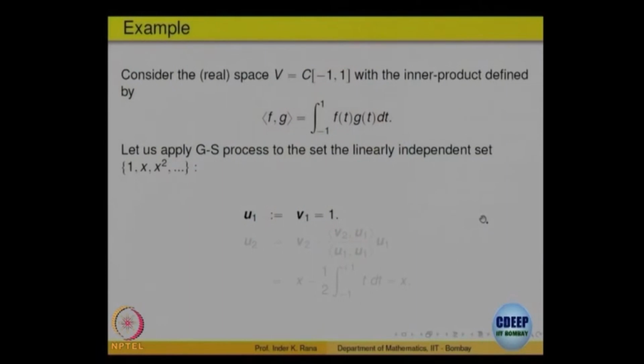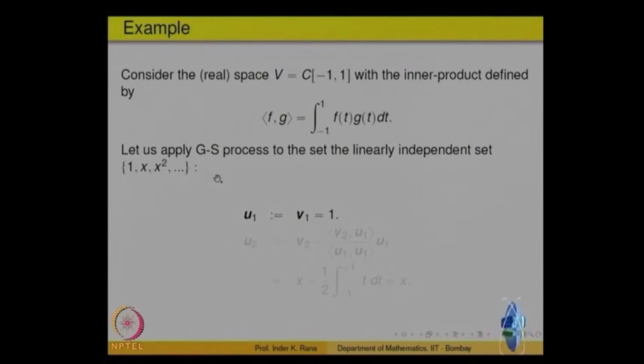Let us do one example, the same one we have been doing. Let us take C of minus 1 to 1, that is a vector space, with this inner product. We had the linearly independent set 1, x, x square and so on. Remember, for any space of polynomials, 1, x, x square up to x to the power n is an independent set.